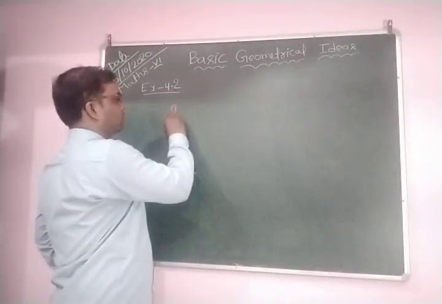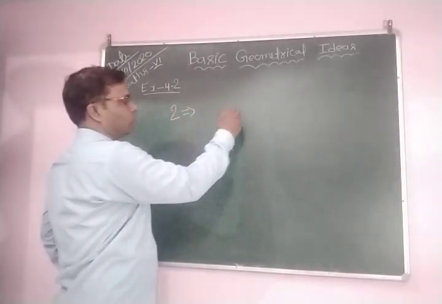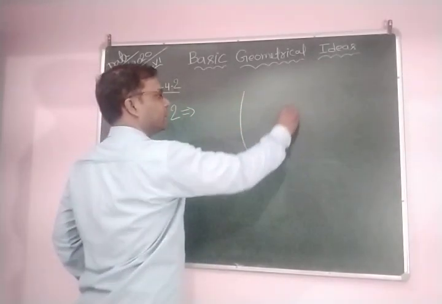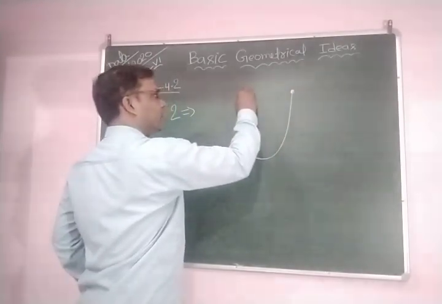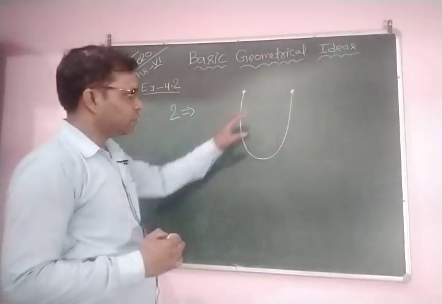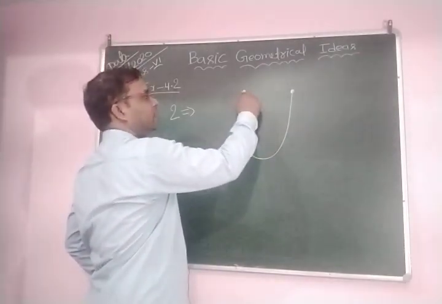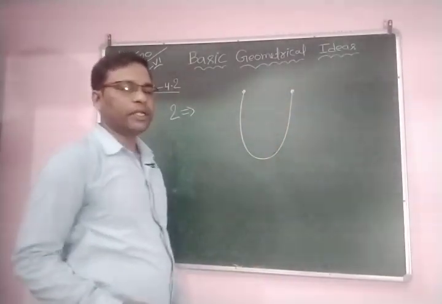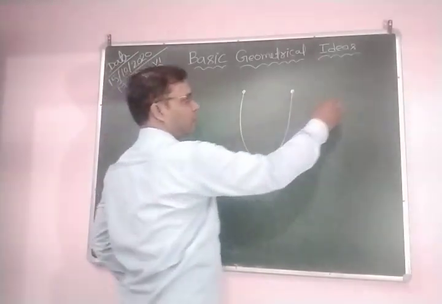So for question number 2, an open curve is like this. The initial point and the end point are at two different places. Suppose here one point, another point. This is an open curve.